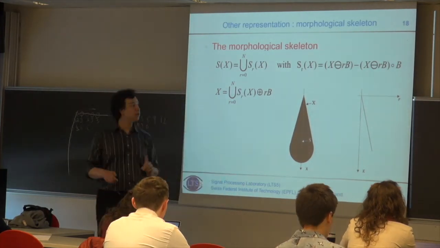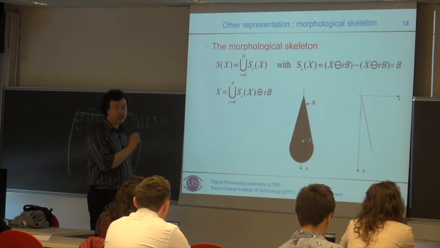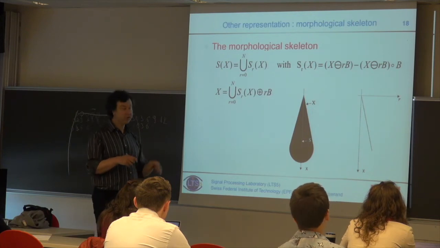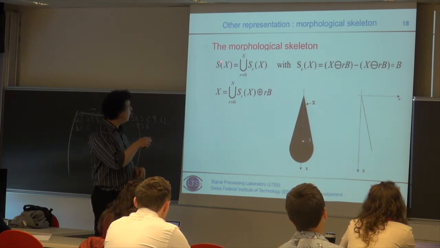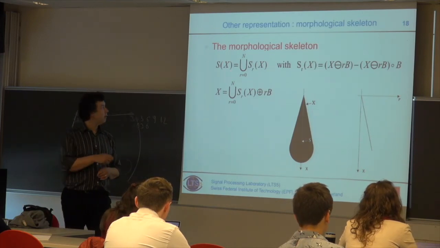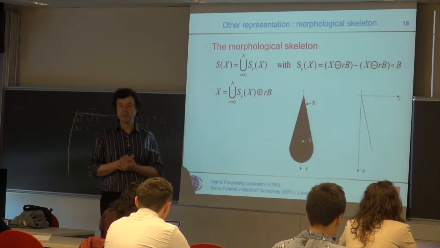And the operations are these ones. The skeleton of my shape, follow me because it's not difficult, but you have to be with me. The skeleton of that shape is the union of small pieces of skeleton.